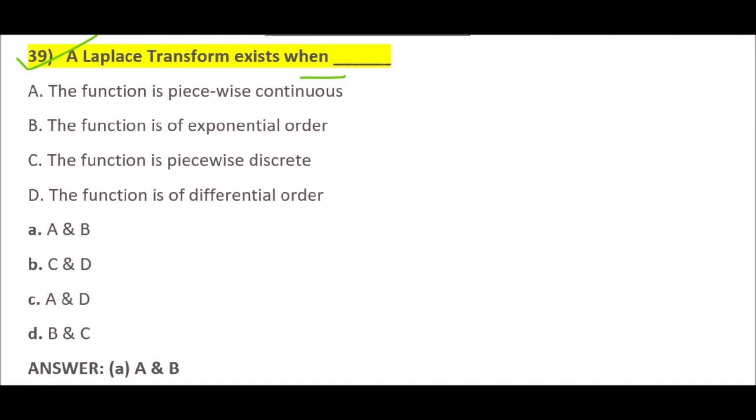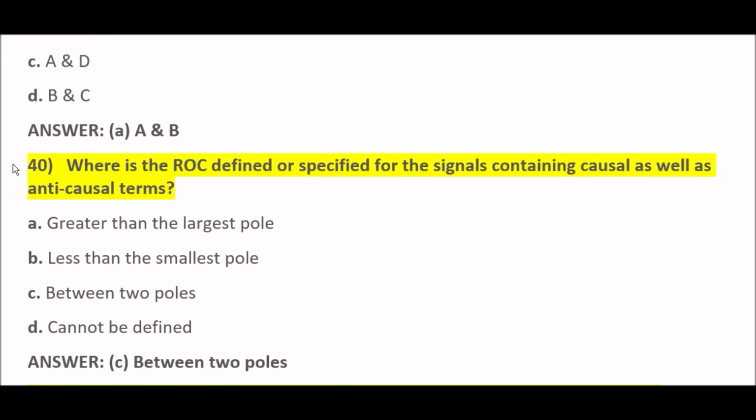The correct answer is option A and B. A Laplace transform exists when the function is piecewise continuous and the function is of exponential order. This is also a very important question, guys. I tell you again.